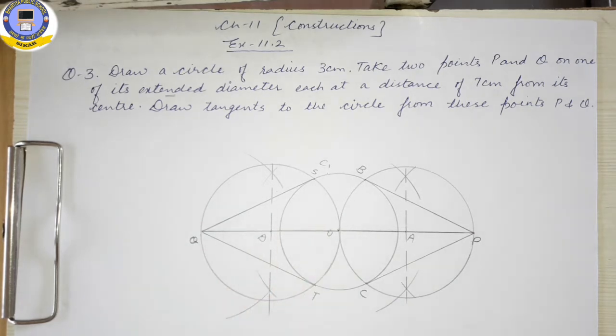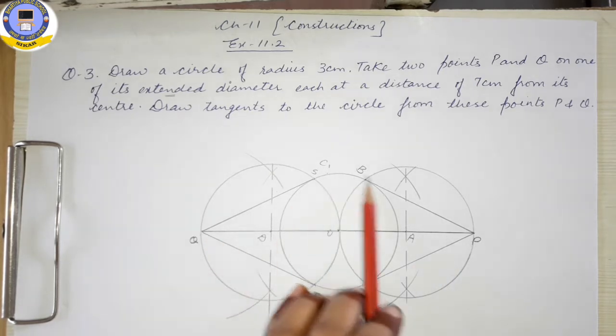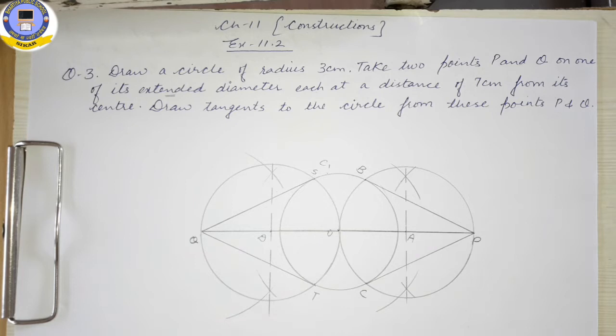So it is the construction of this question number 3. Process is same, but in this question we need to draw tangent from both the points P and Q to same circle C1. Okay, so it is not at all difficult. Now tell me, when we measure the length of these tangents PB, PC, QS and QT, then their length must be equal.